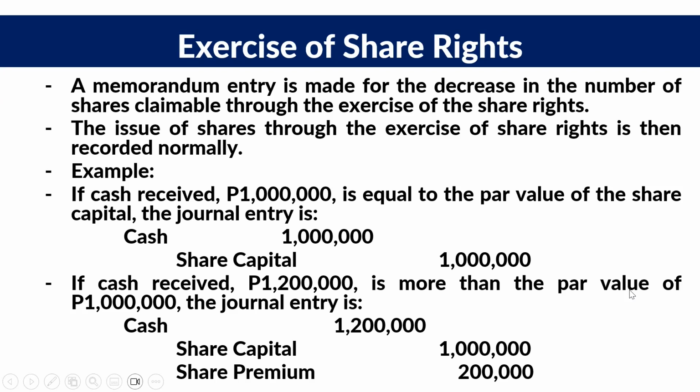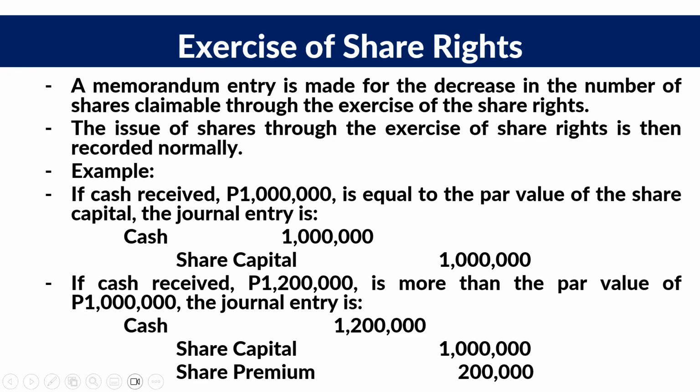So what you're going to do is debit it to the entry. So what if the cash received is just 1 million, which is equivalent to the par value? Your entry would just be a debit to cash, credit 1 million.